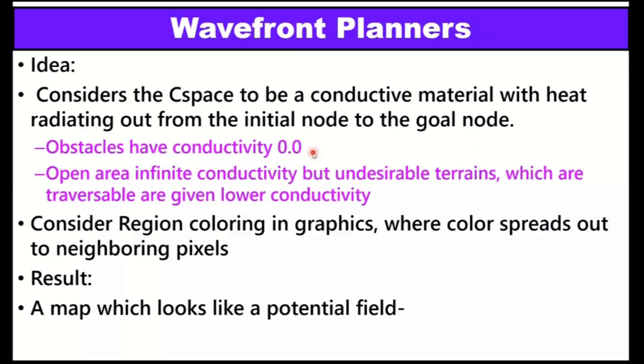So the map will look like a potential field, or it will be shown by arrows. So there will be region coloring, there will be graphics programming in your view. So your current view will now be modified. It scans pixel by pixel and later on modifies.